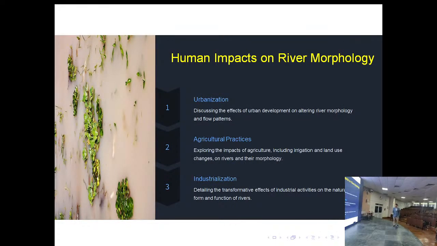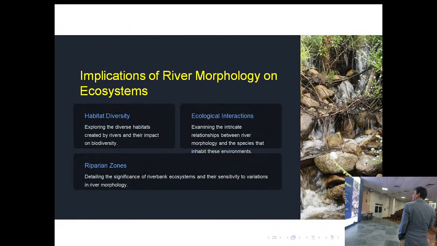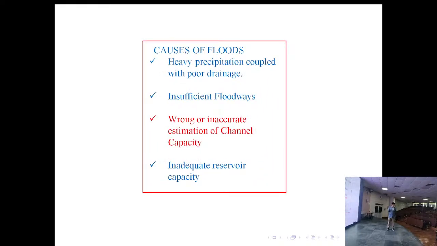Finally, human impacts on river morphology: urbanization, industrialization, these three impacts for which humans are responsible. And implications of river morphology on ecosystems: habitat diversity, riparian zones and ecological interactions.